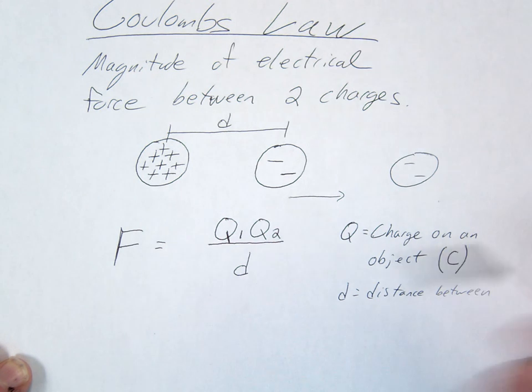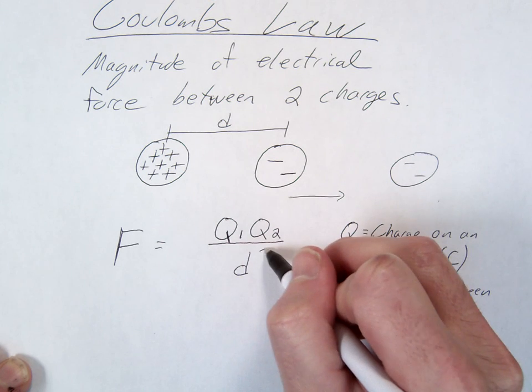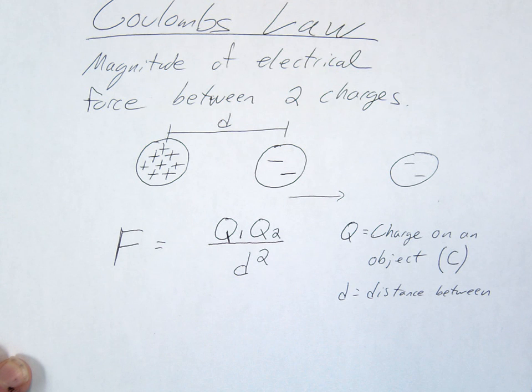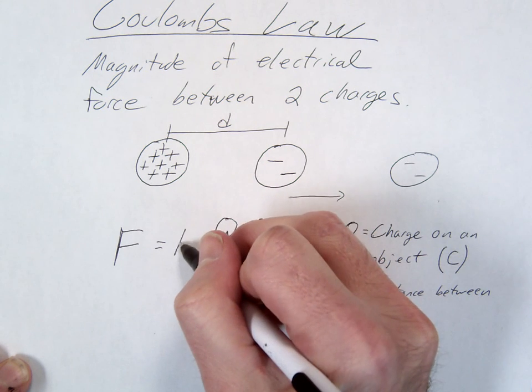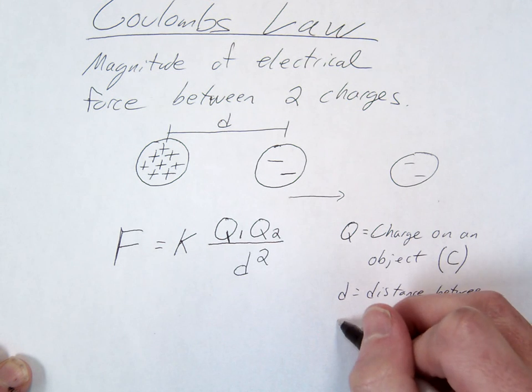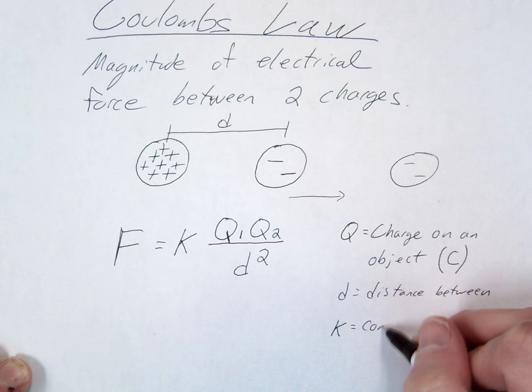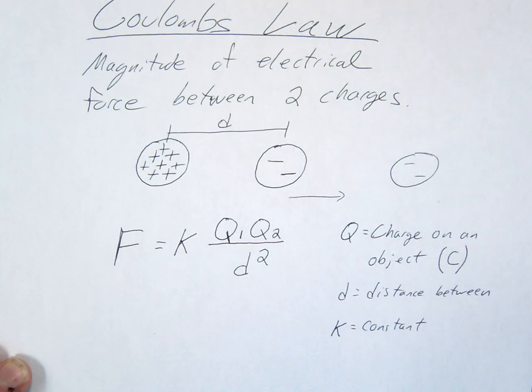Okay. Now I'm going to fix this equation because this is just the conceptual relationship. As it turns out, this is not simply D, but D squared. There's also what we call a proportionality constant, which we're going to call K. K is just a constant, Coulomb's law constant, that's what we call it.